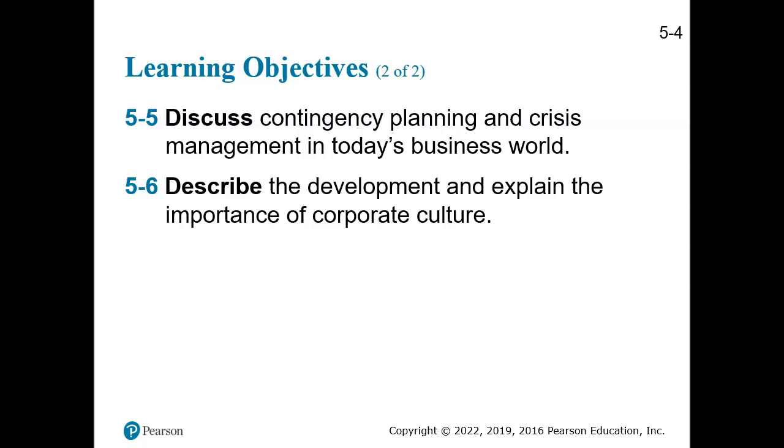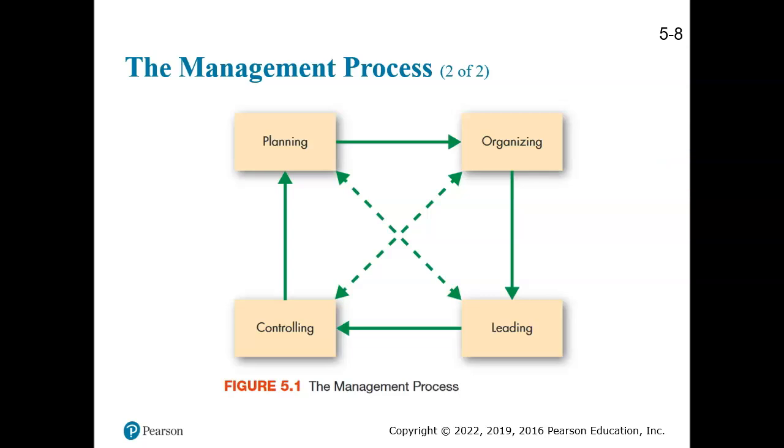Okay. So those 4 pillars of the management process are planning, organizing, leading, and controlling. As you can see, it's sort of linear in a way in that you start with a plan, you organize to enact the plan, you make the plan work, and then you measure how well you're doing against the plan.